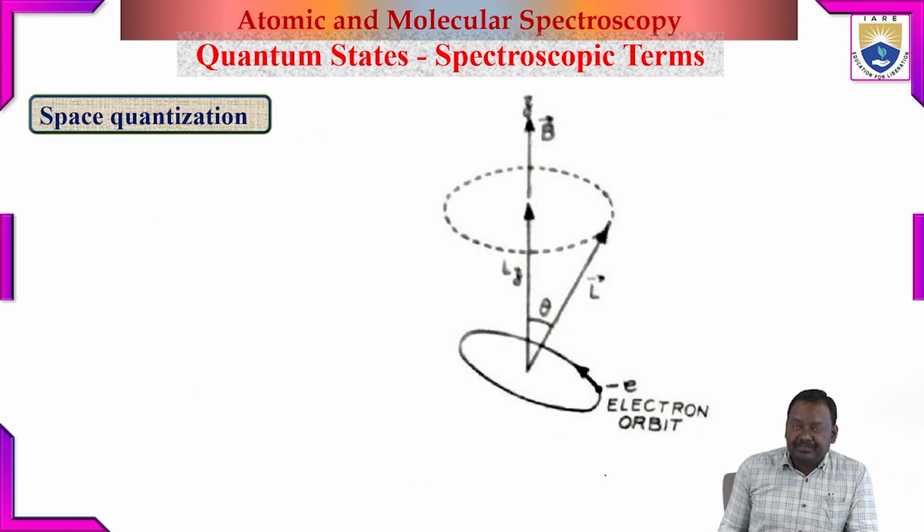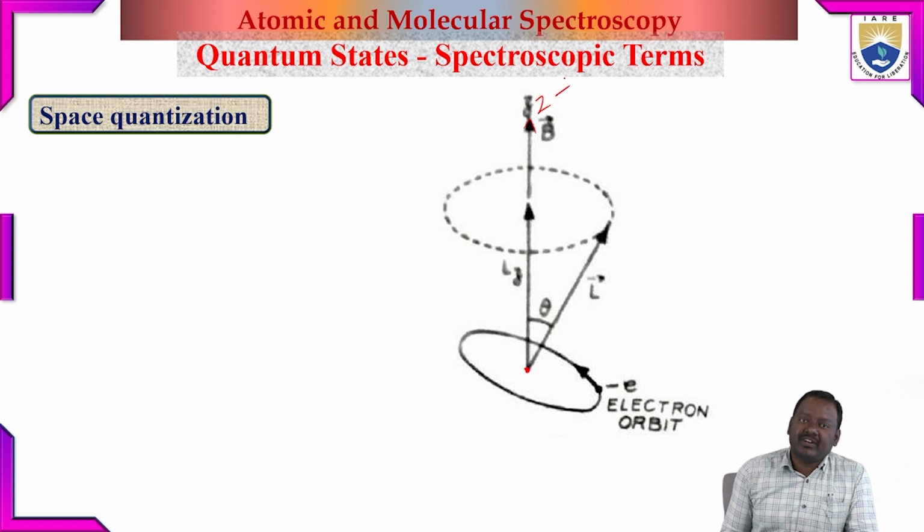So here, whenever we consider an atom at this position in the presence of magnetic field B bar, which is in the direction of the z axis, this is the z axis.